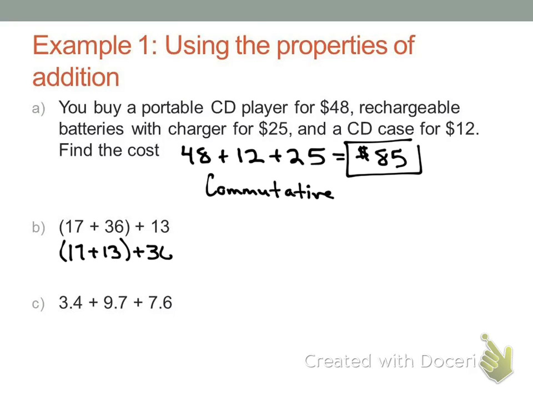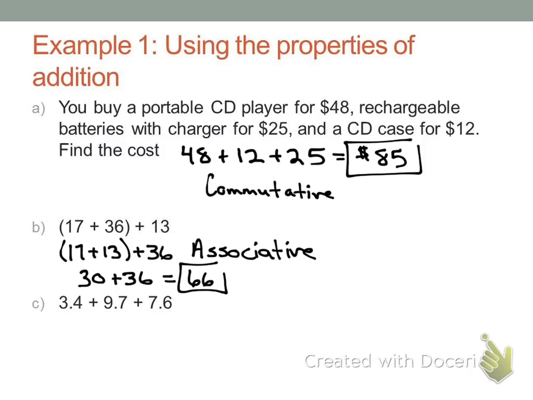And then 36. 17 plus 13 is 30 plus 36. I can do this easily, mental math, to get 66. And then somewhere next to or underneath, I need to say that I used the associative property. Associative property.